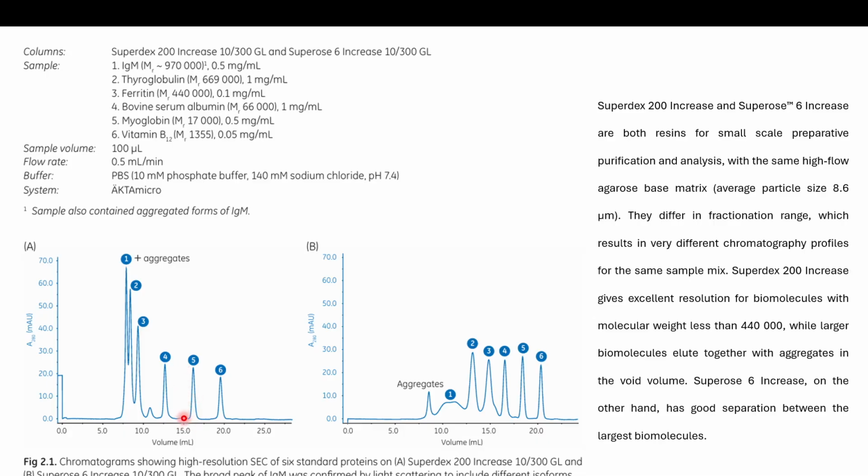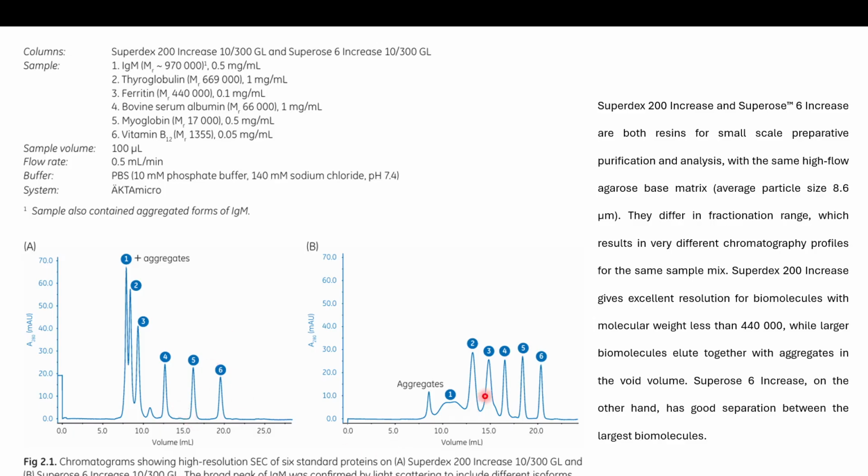So it should have a peak somewhere just before this fifth peak. This is the elution volume, so a molecule of 20 kilodalton weight should elute in a particular range, like 15 ml to 17 ml, or 10 ml to 15 ml.